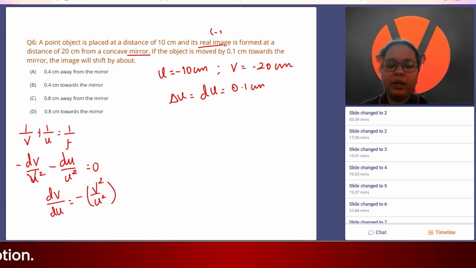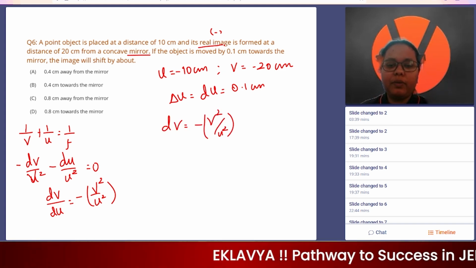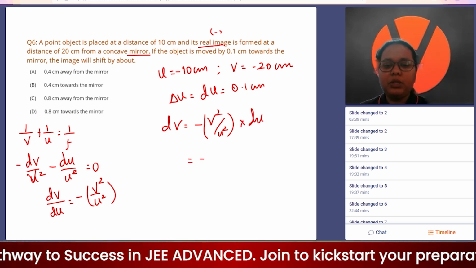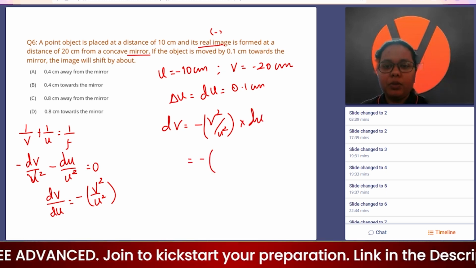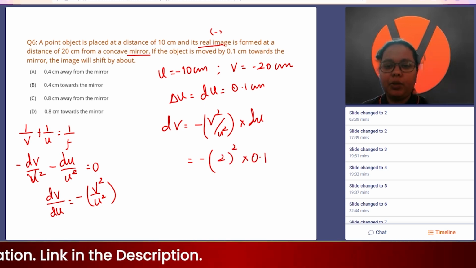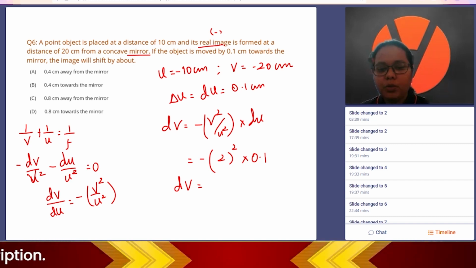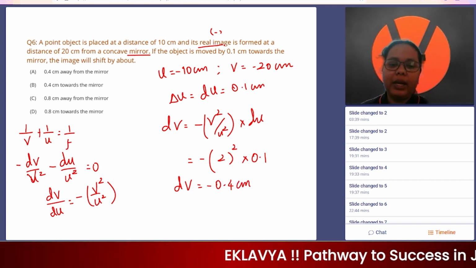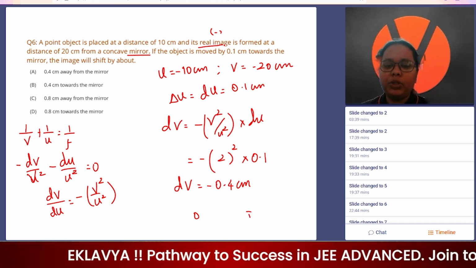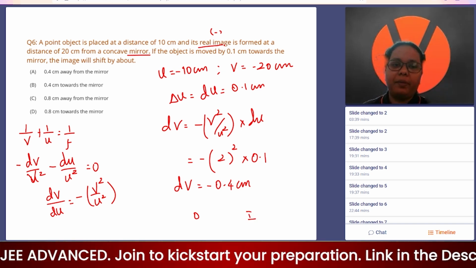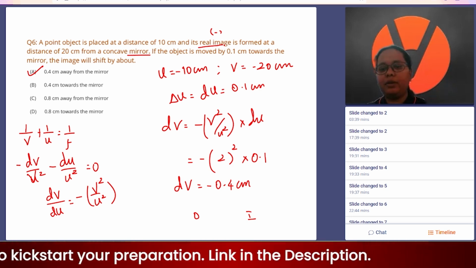So dV is minus V square by U square into dU. V by U is 20 by 10, which is 2, the whole square, into dU value of 0.1. So dV is going to be minus 0.4 centimeter. The negative sign means that the object and image move opposite to each other, which means away from the mirror.